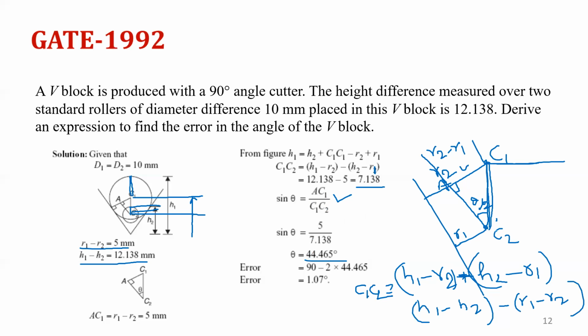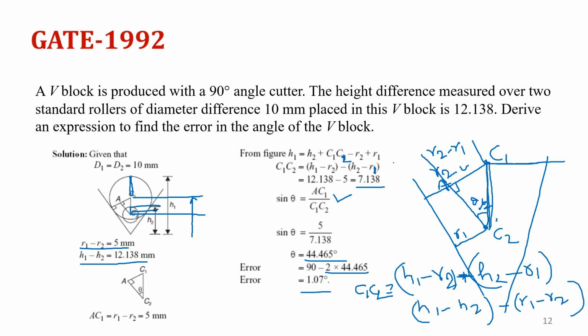It is a half angle, so we need to find the other half by multiplying by 2, which gives 89 point something degrees. Therefore the error is 90 minus 2 times 44.465, which gives us 1.07 degrees. In this way we have to solve the problem.